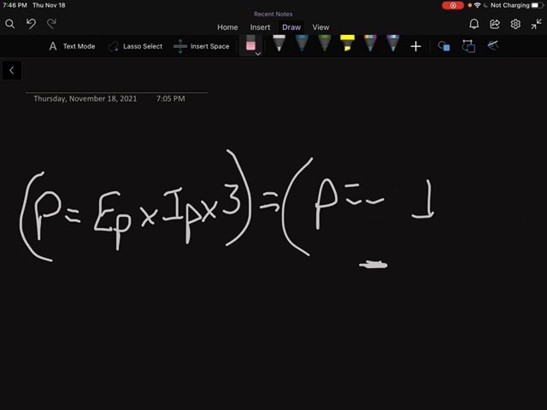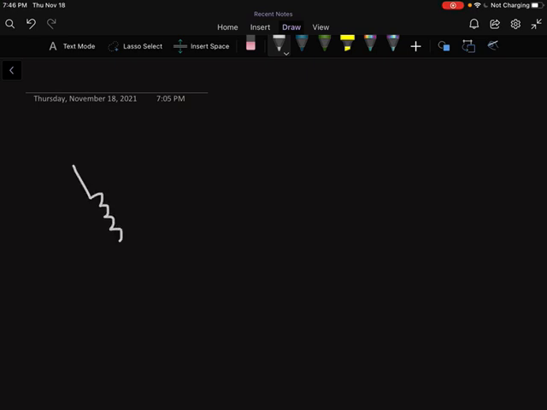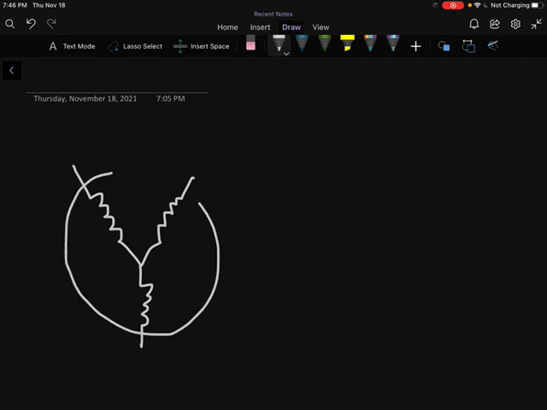So I'm going to erase this again. I'm now going to expand a little bit. We're actually going to put a load into the circuit. So I'm going to do a Y connected alternator. And I'll just put a little circle around it just to indicate it's an alternator.